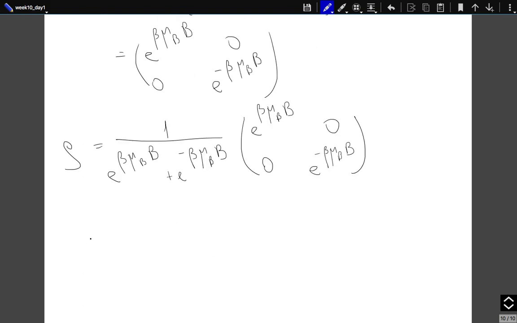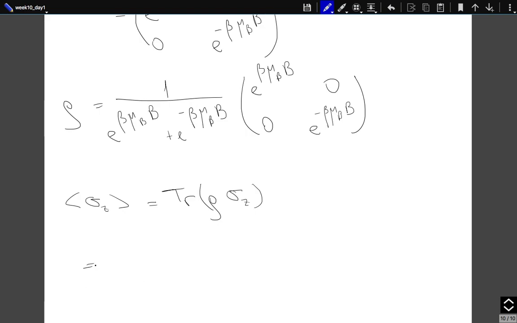Now let's use it. What is the average of sigma z? This is something we had already evaluated using classical arguments. Well, we already said that this is nothing but the trace of rho times sigma z. We already know rho.